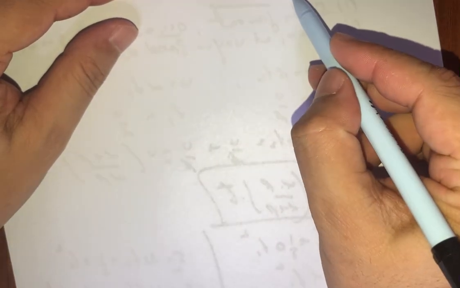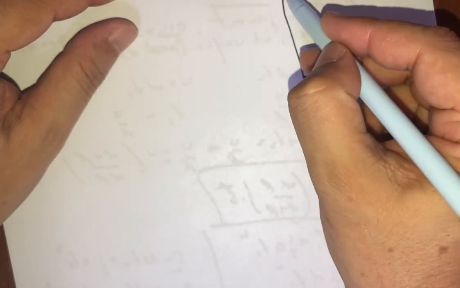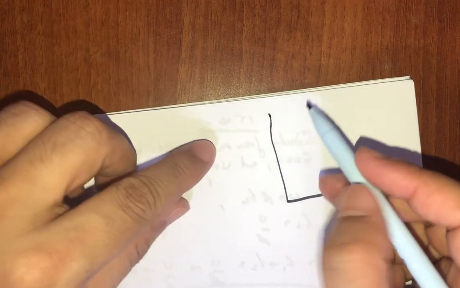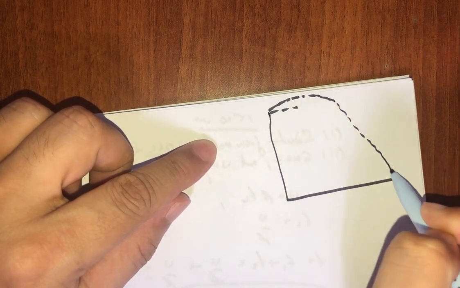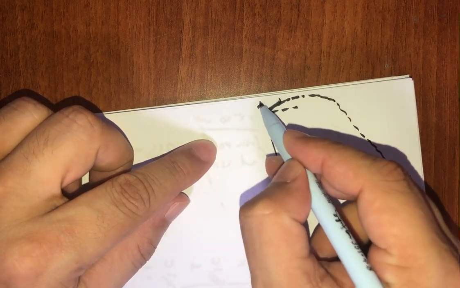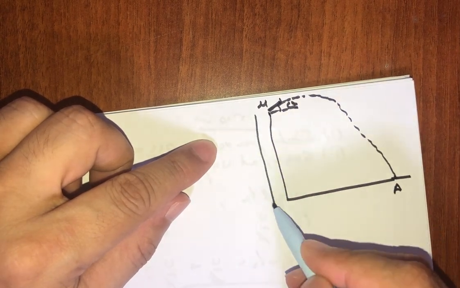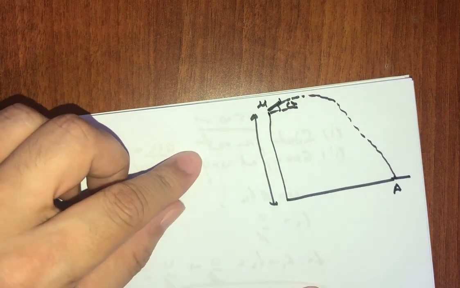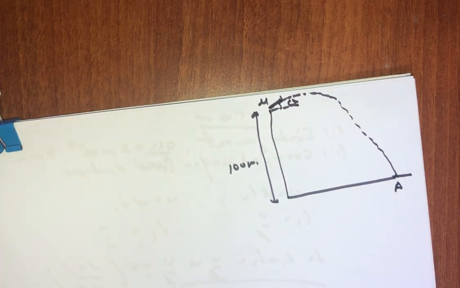So in this case, a gun is mounted here, and it is fired like this, and suppose it hits the ground at point A. Its initial velocity is given as u, the angle of projection is theta, and it is mounted at a height of 100 meters.